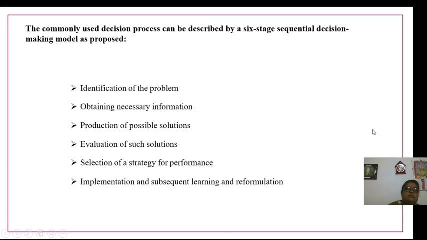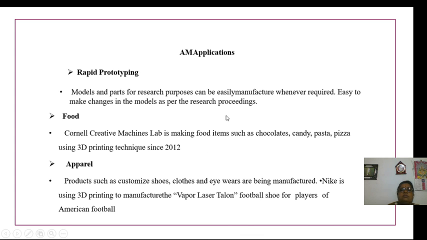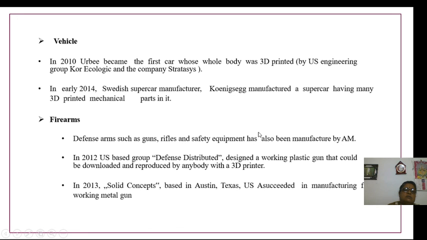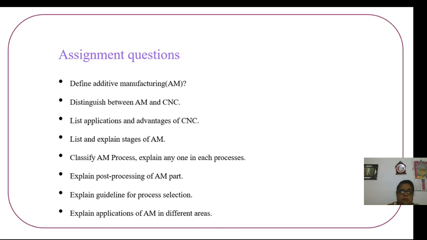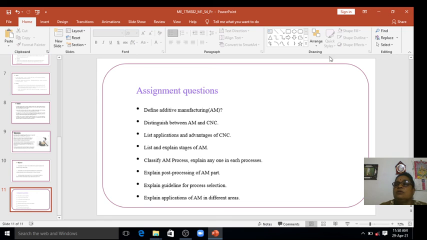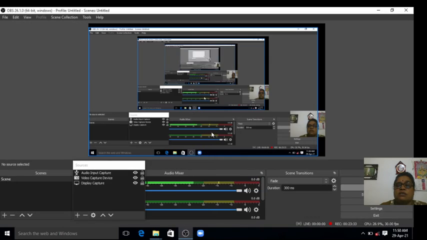We have to identify the problem, find the necessary information, find the possible solutions, and evaluate the importance of each solution. Then select the correct strategy, then implement it. These are the stages. So these are the applications of AM parts. This is about the 4th session of the first module of additive manufacturing.